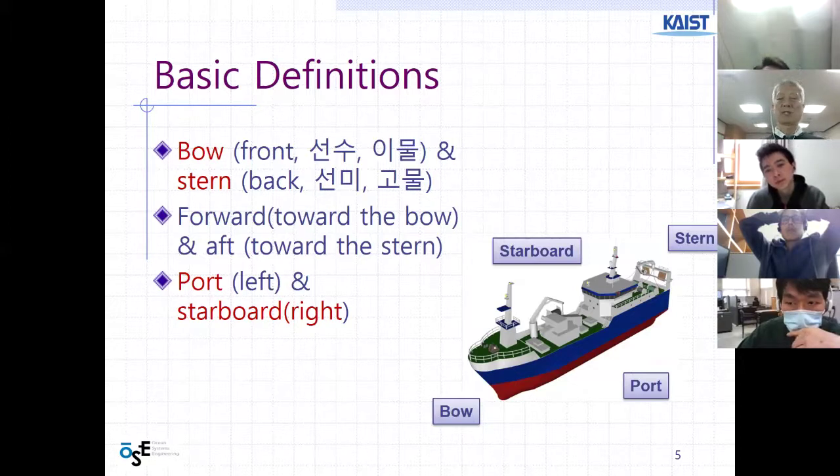It is not easy to memorize, but once you memorize, it's good to use for other cases, not only for ships. And port side is special. I guess airplanes also use the same terminology of port side.